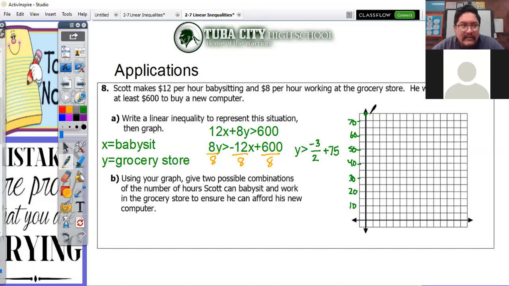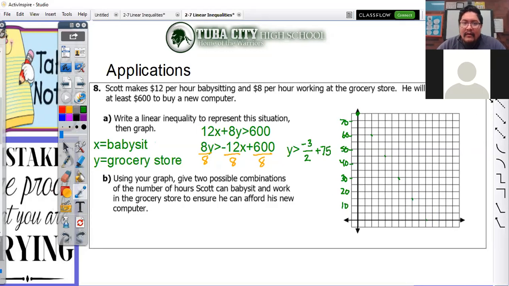So we know that this graph is going to literally start from the very apex of this graph, or the very top of it. And then we go down 3 over 2, down 3 over 2, down 3 over 2. And I'm just doing a lot more just because it's kind of easy to do. But we can see that the line kind of goes down. Oh, and we also have to decide, is this going to be a dashed line or a solid line now.